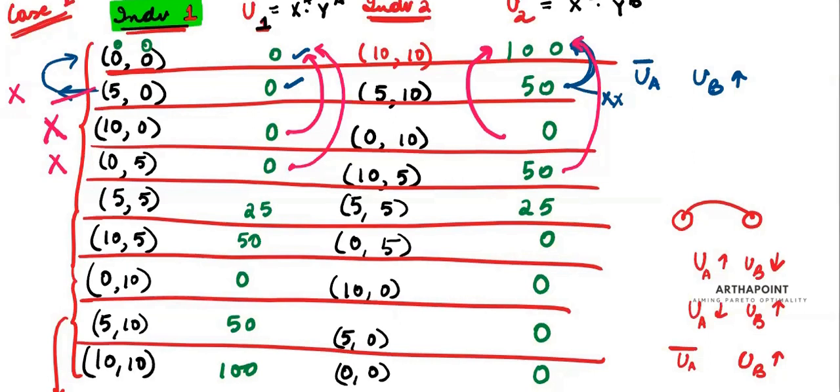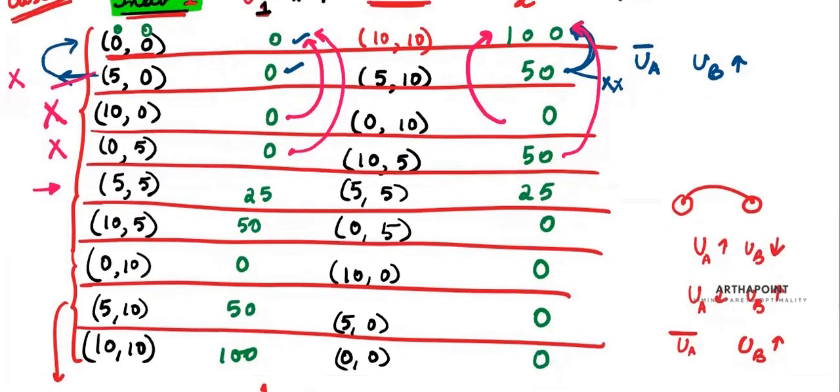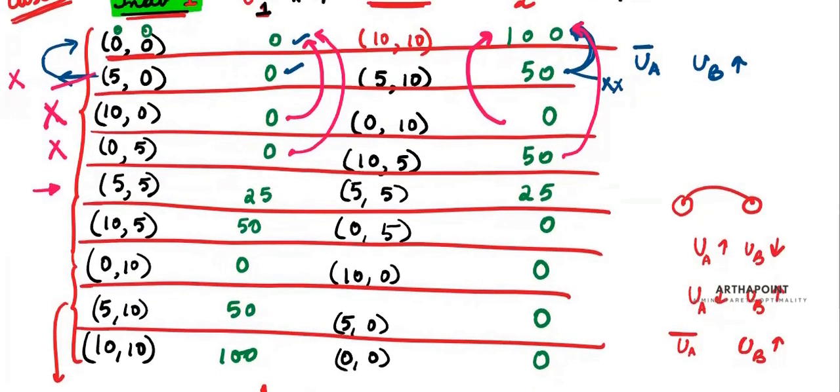Now, consider this point. Can you find any point where one's utility is increasing without decreasing the utility of the other? Just check. Is there any point where you are able to improve the utility of both the individuals or at least one individual? Let's check this out.